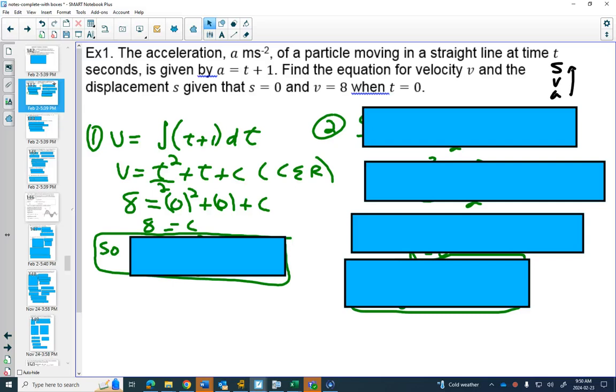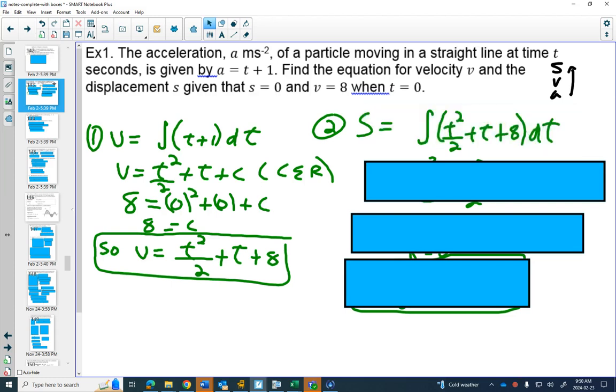And so now we have an exact equation for our velocity. And we can do this again and work backwards and find x.